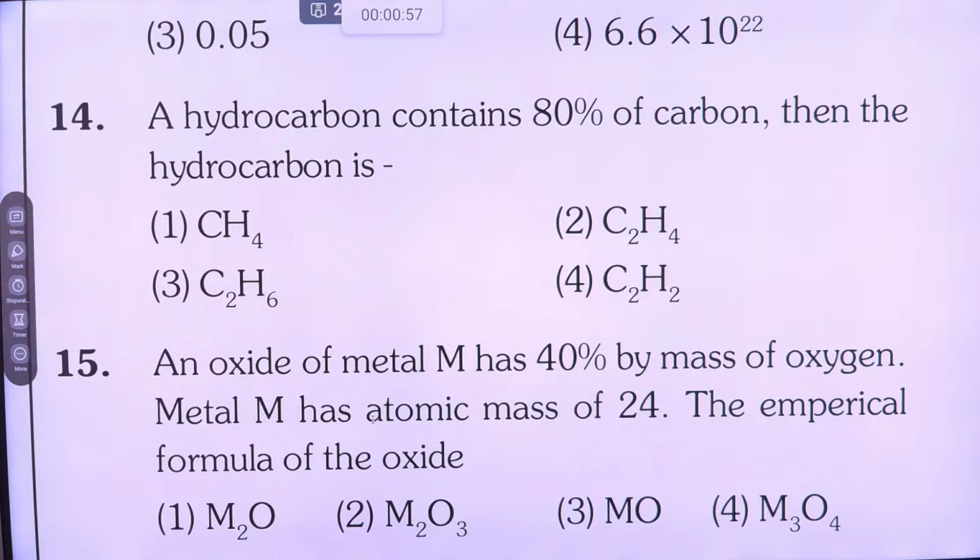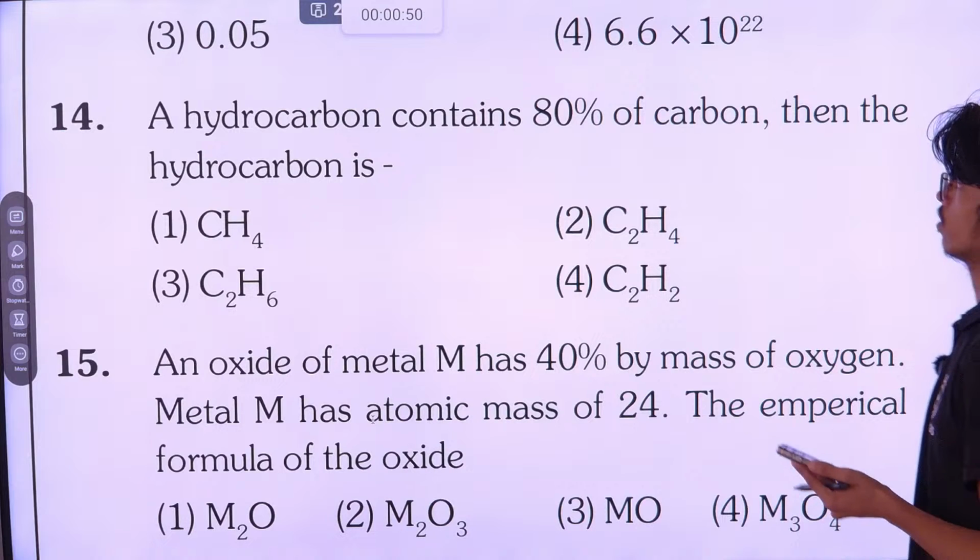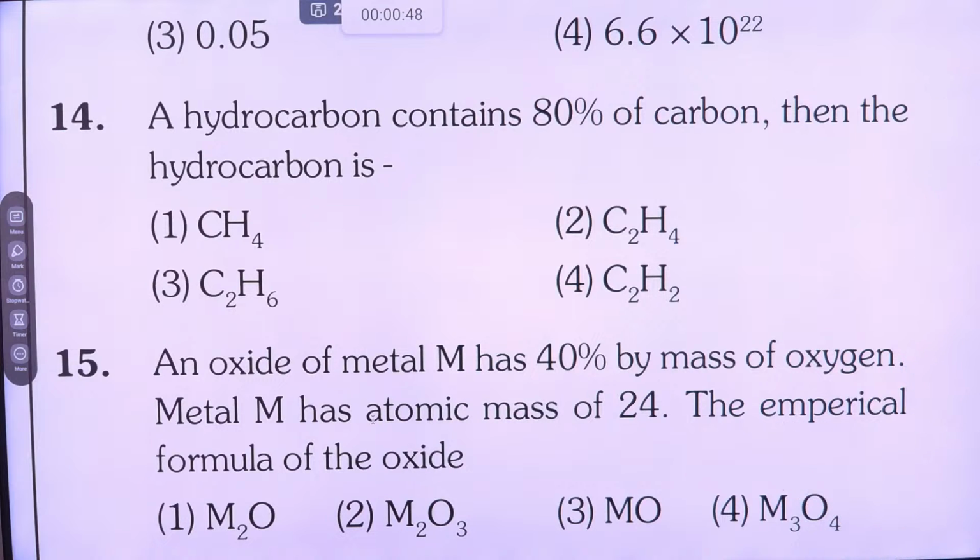Let's see if you guys can solve this question or not. Try to find out the answer to problem 15. Option number 1, 2, 3, 4. Which one is the right option?